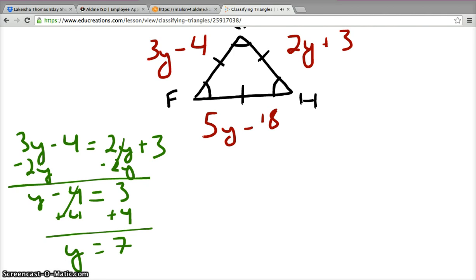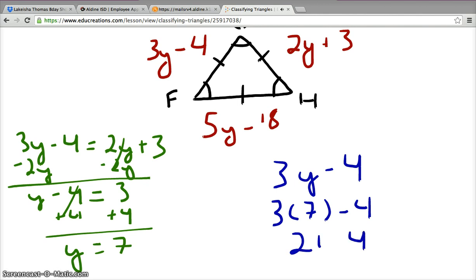They asked me to find the side length, so that means I have to plug back in. So 3y minus 4. So instead of y, I'm going to put 7. So 3 times 7 minus 4 will give me 21 minus 4, which equals 17. And I only need to do one side because all the sides are equal.